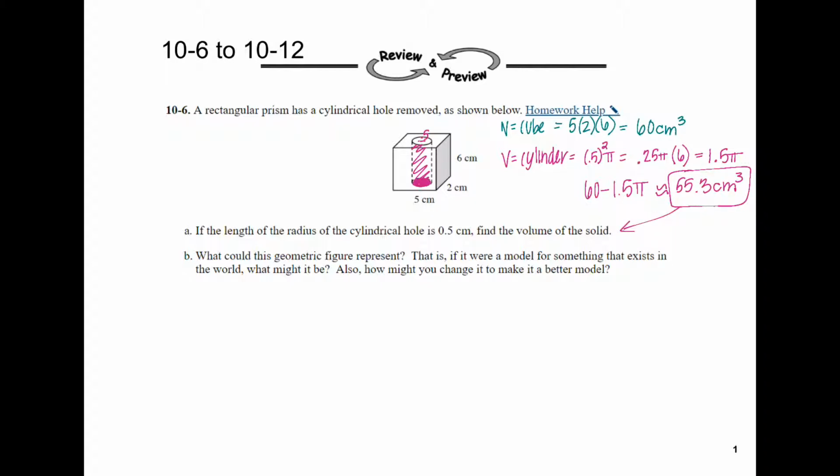Letter B says, what could this geometric figure represent? That is, if it were a model for something that exists in the world, what might it be? Also, how might you change it to make a better model? So an example of a shape that has some sort of a cylindrical hole in it could be a pencil sharpener.